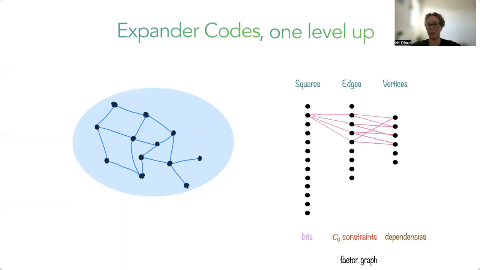In our codes, we're also going to be able to describe them as a Tanner code, but in our codes, the bits are no longer going to be on the edges. Rather, we're going to also have squares. So we're going to have vertices, edges, and squares, which are basically 4-cycles in our graph. And the bits are now going to be on the squares. So we'll see this.